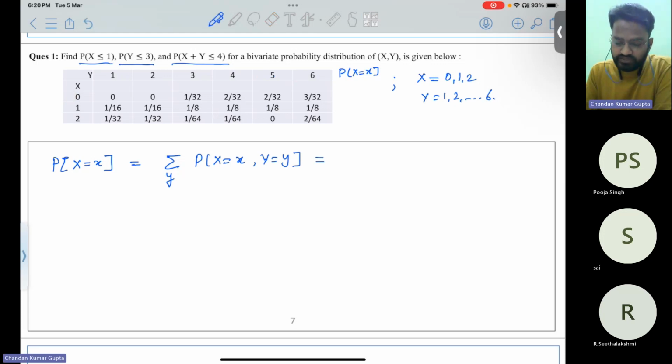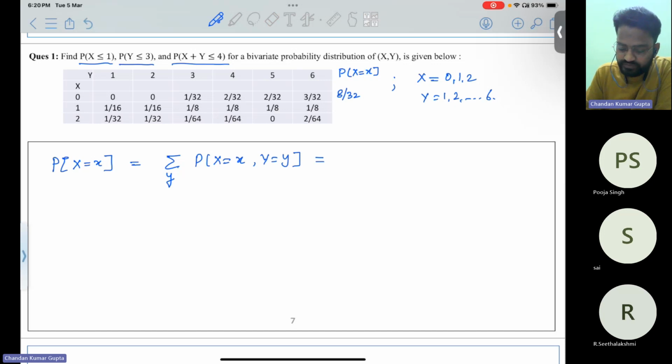So 0 plus 0, 1 by 32, 2 by 32, 2 by 32, 3 by 32. That means 2, 2, 4, 4, 8. That is 8 by 32. This is the probability that x is equal to 0.